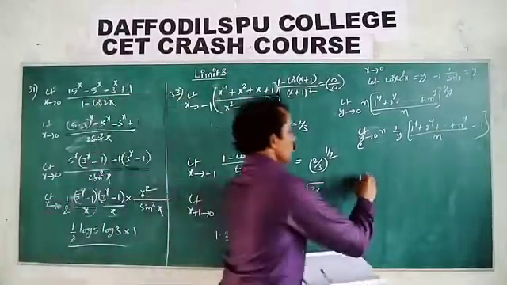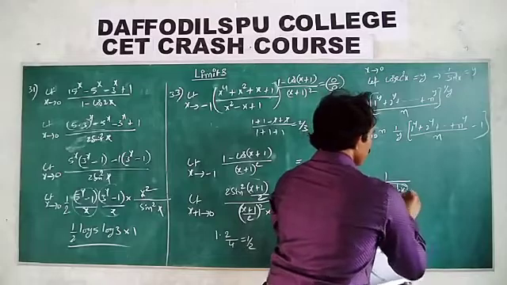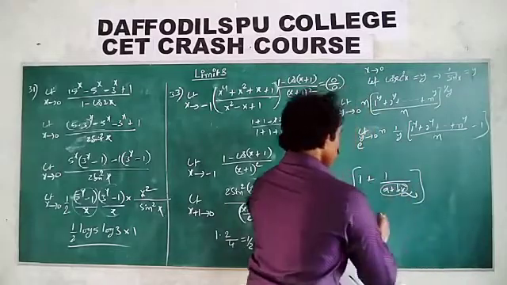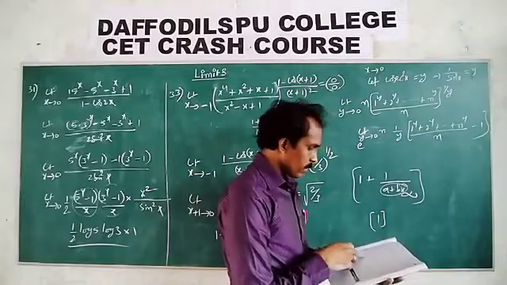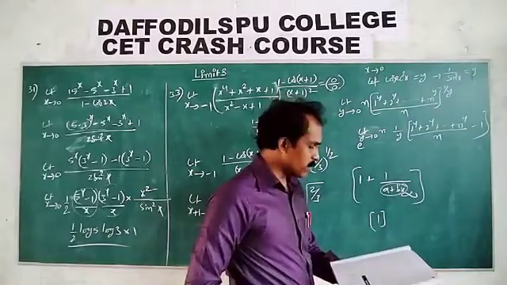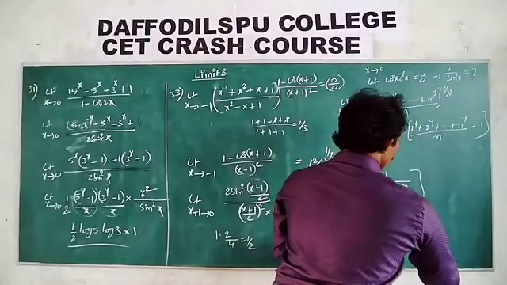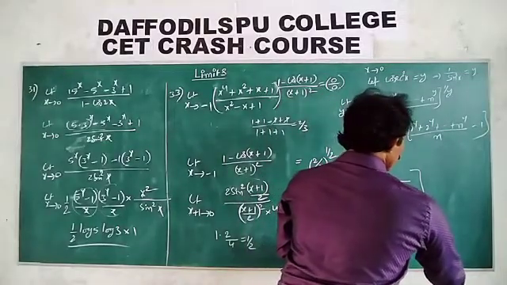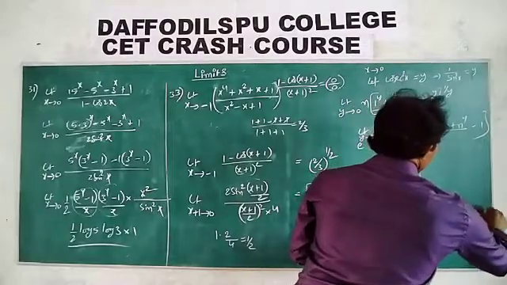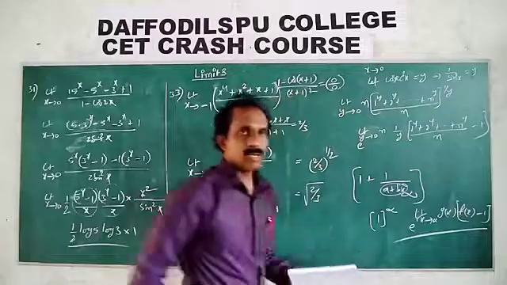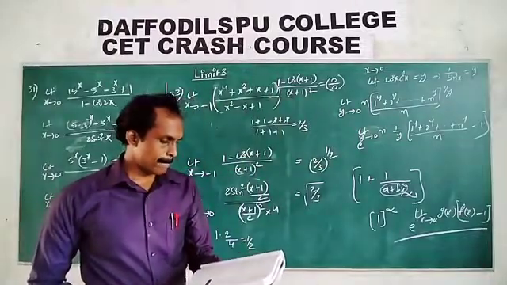That value, 1 plus 1 by a plus bx, this value is infinity, means 1 plus 0, 1 whole power c plus dx. C plus dx, as x tends to infinity, means 1 power infinity. Use the formula e power limit x tends to a of g of x into f of x minus 1. Use that formula. Okay, that is also homework.